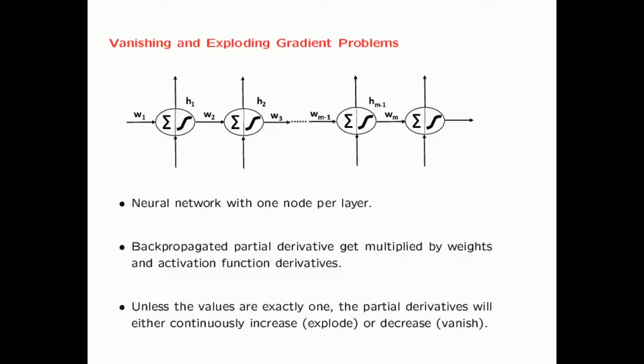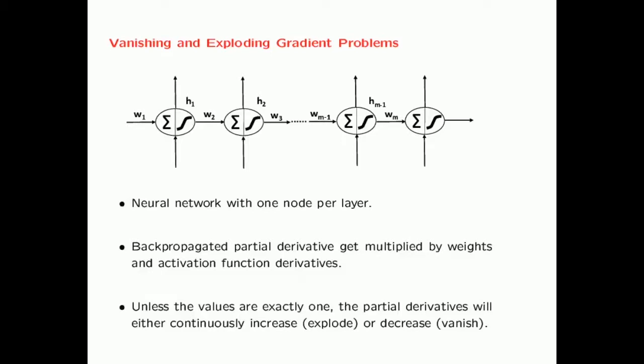neural network. Now consider a very simple neural network which is very deep, but you have only one node per layer. This type of neural network is illustrated in the diagram on the slide. Now in this case, when you backpropagate the derivative, what happens is that the backpropagated derivative in each propagation gets multiplied by a weight as well as the derivative of the activation at that node.